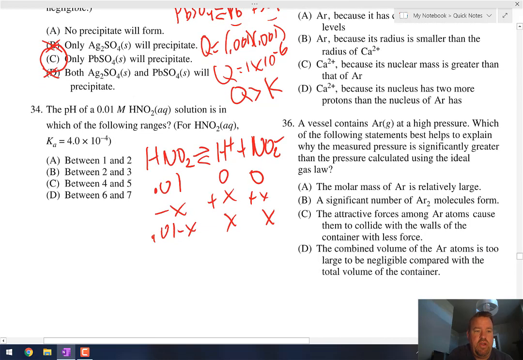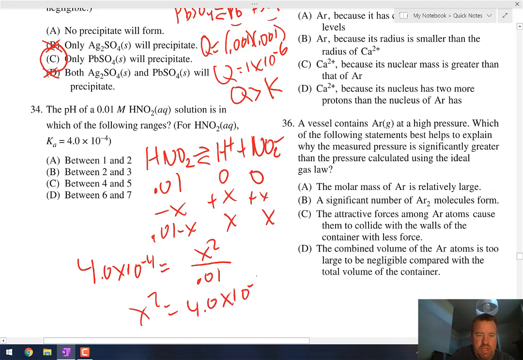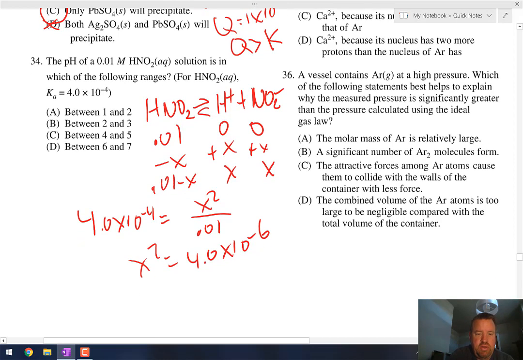Okay, so then for our K value, we'd go 4.0 times 10 to the minus fourth equals X squared over 0.01 minus X. Take the minus X out. So X squared would equal 4.0 times 10 to the minus sixth. So we have to take the square root of that, and X would equal, the square root of 4 is 2.